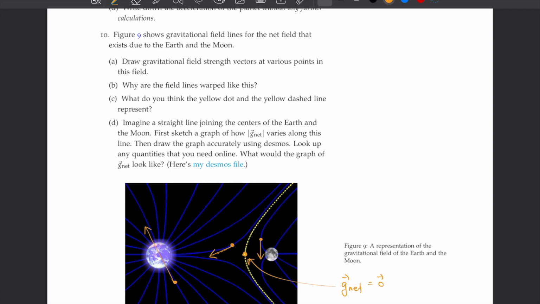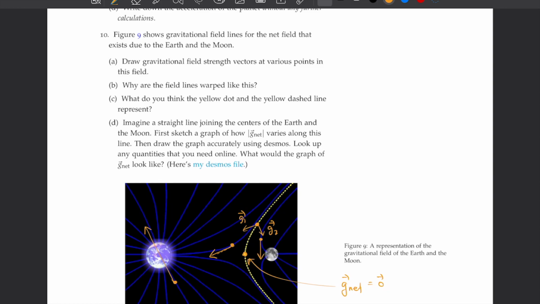At all other points on the yellow line, the separate g vectors have the same magnitude: g1 from the Earth, g2 due to the Moon. They have the same magnitude at all points on the yellow dashed line, but it's only 0 right in the middle between Earth and the Moon.